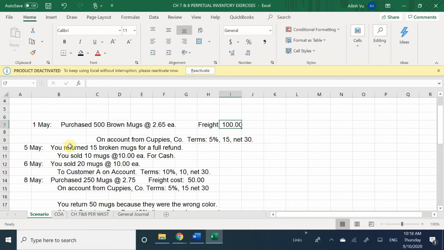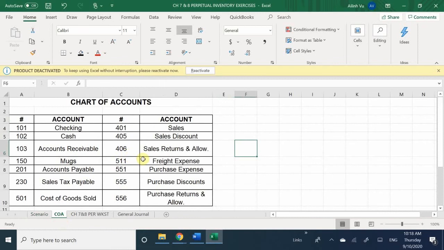Okay? So let's go to our chart of accounts. What are we looking for? Okay, we're dealing with perpetual inventory.